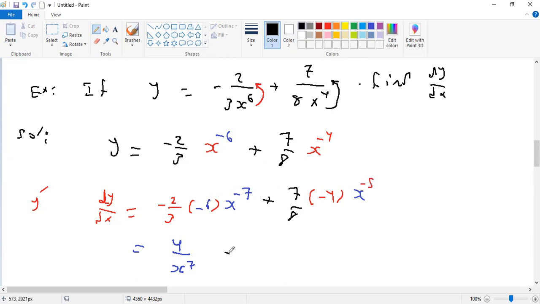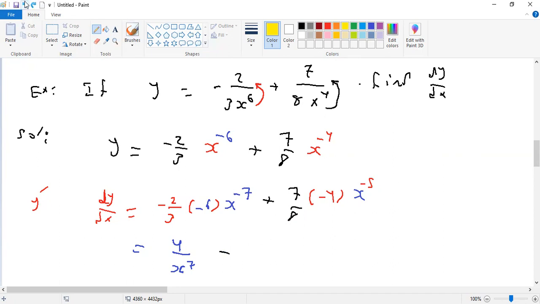So the second one is plus 7 over 8 times negative 4, so this will be minus. 7 times 4 is 28 over 8, or you can cancel: 4 with 8 will be 2. So that means negative 7 over 2. So the answer will be negative 7 over 2.